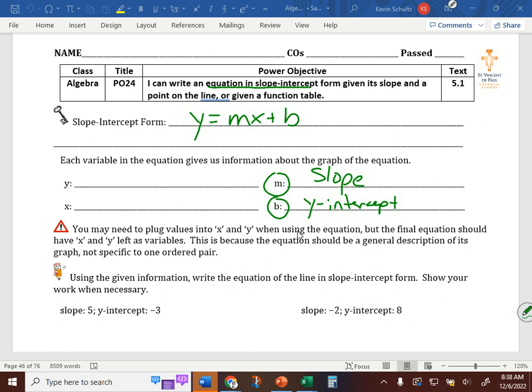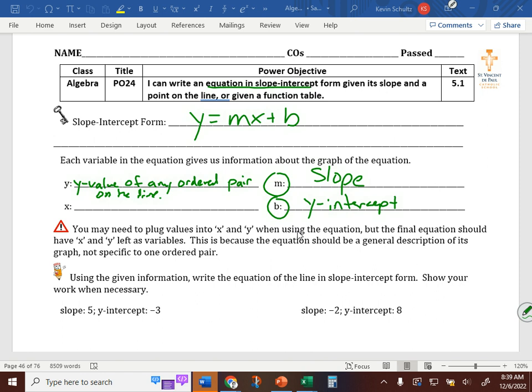What do y and x represent in slope-intercept form? I don't think we've talked about this yet, actually. Caitlin, what do you think? The y is like the y value of the y? Perfect. The y variable represents the y value of any ordered pair on the line.